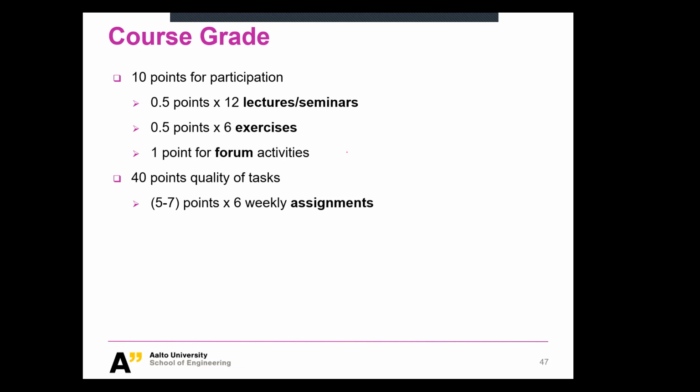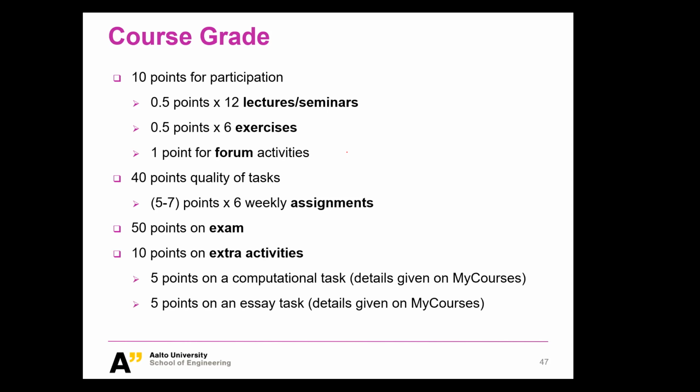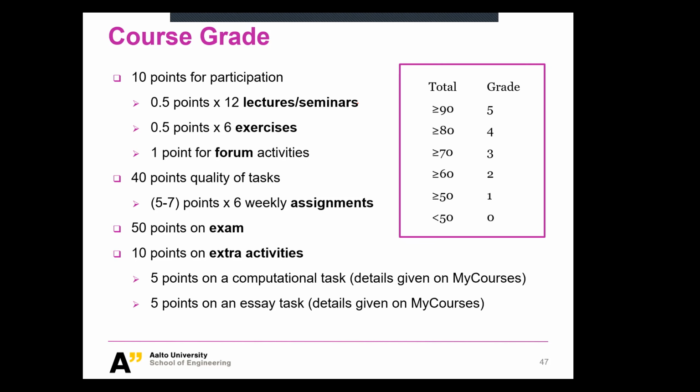You know about that. 6 weeks and we have 40, and 50 points coming from the exam. This is already 100, and the last 10 points are extra. These are reserved for you as bonus points to improve your score. If you don't make a very good score with 100 points, the extra points will help you reach a higher score.